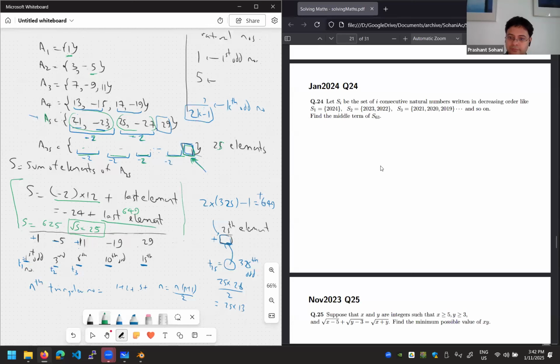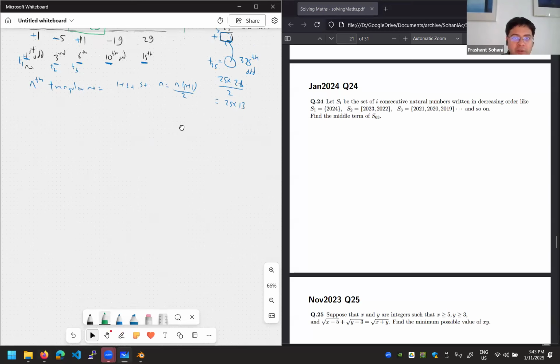Question 24. In this question, again there is one more sequence involved.